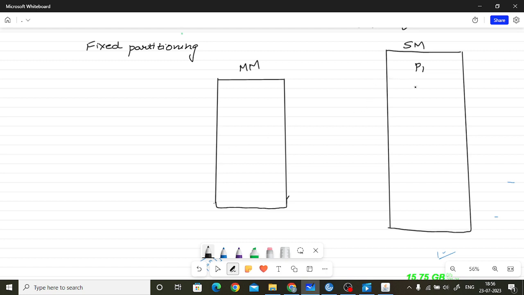So we have P1, P2 and P3, and lots of processes in the secondary memory. What we do in fixed partitioning is divide our main memory into fixed size partitions.